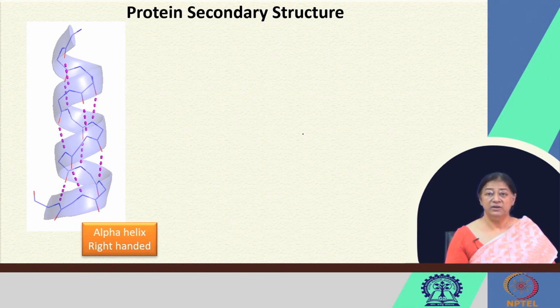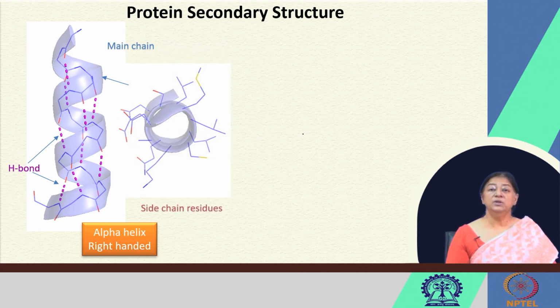Now, there are specific characteristics to these helices, and there are reasons why they are held together in such a spiral fashion. This is because the main chain forms this spiral form, and the interactions are through specific hydrogen bonds that can be seen. They are formed between specific amino acid residues, which we will see in a moment.